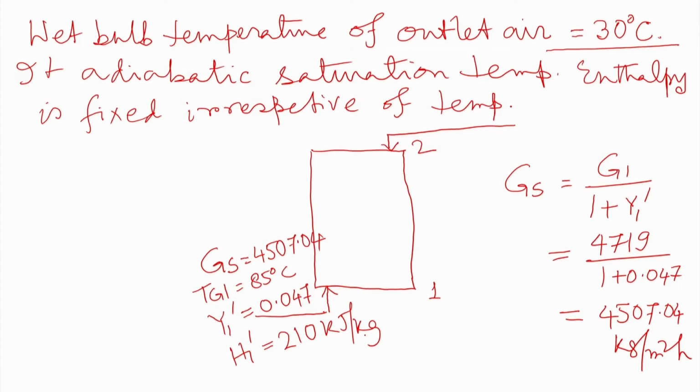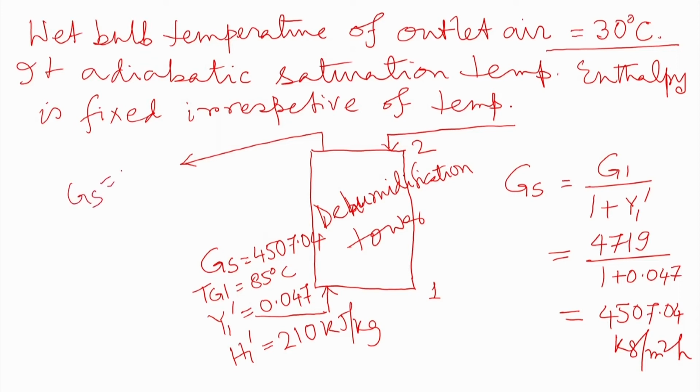And then the cold air that will be coming out from this dehumidification tower. Their GS is fixed, so GS will remain constant at 4507.04.